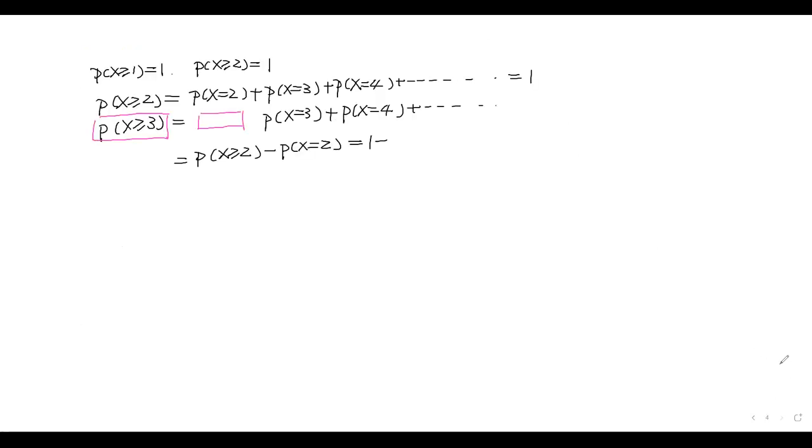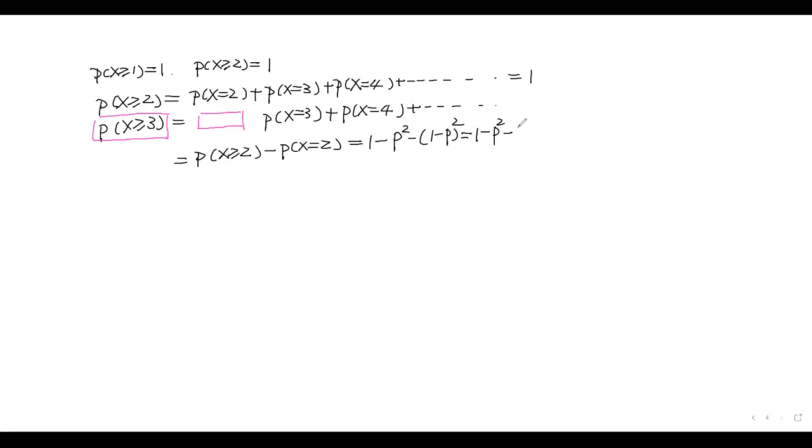So I can say 1 minus p squared minus (1 minus p) squared.